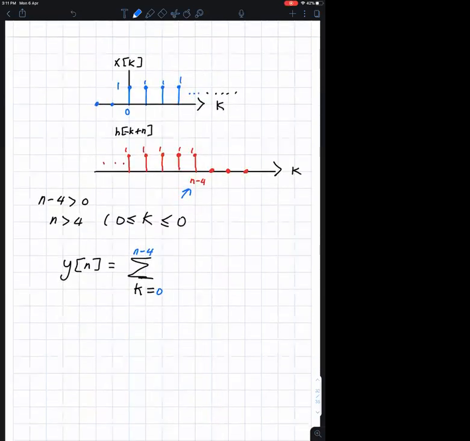If you can see the overlap, signal 1 times 1 is 1. K is equal to 0. This amplitude is 1, this amplitude is 1. Therefore, from the lower to the upper limit, it's 1.